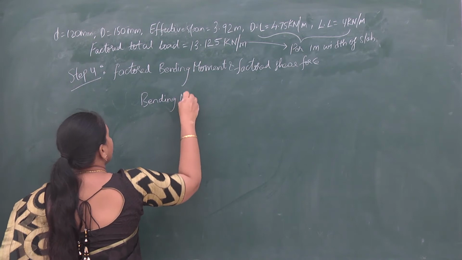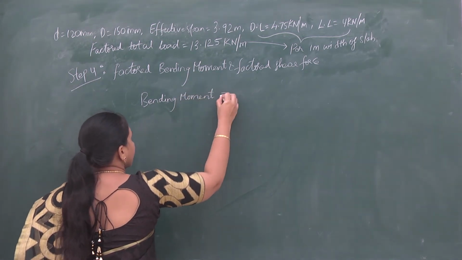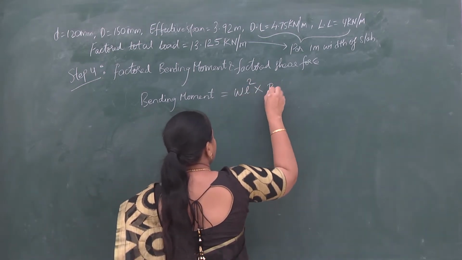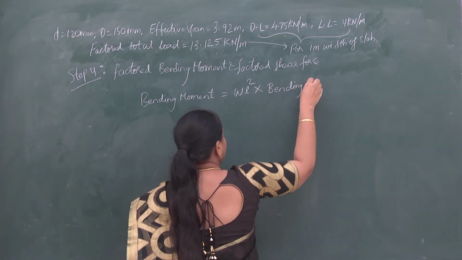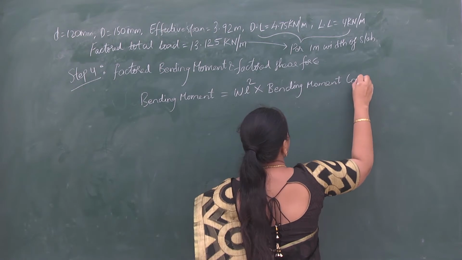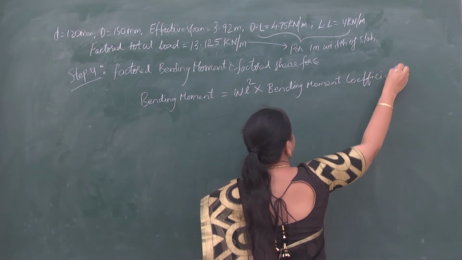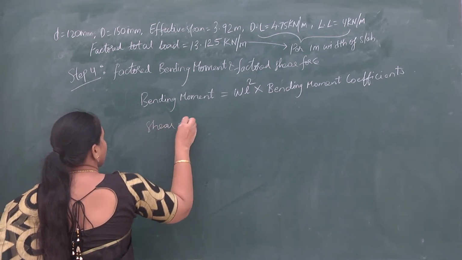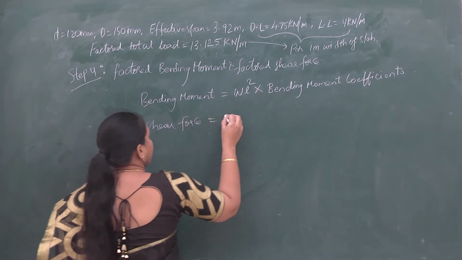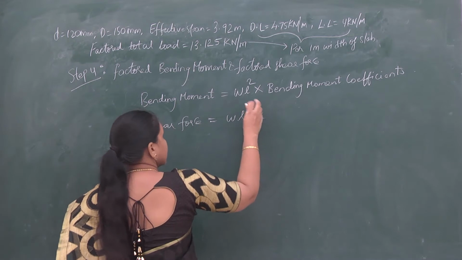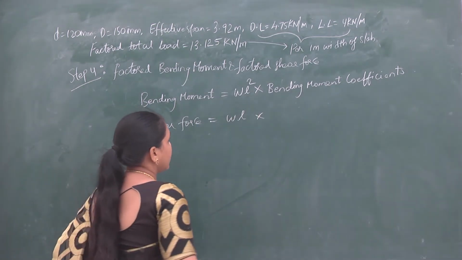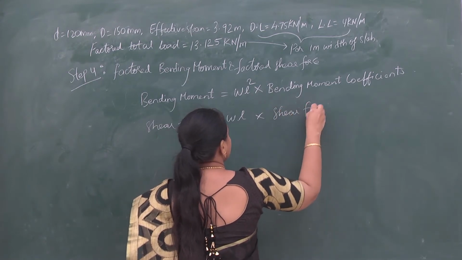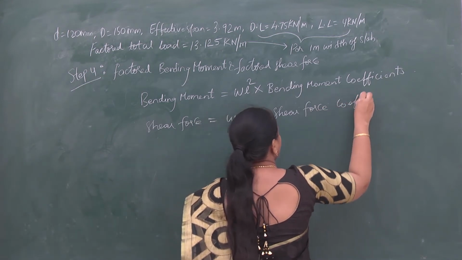The factored bending moment is calculated by WL square into the bending moment coefficients, and the factored shear force is calculated by W into L, where L is nothing but the effective length, that is the effective span, into the shear force coefficients.